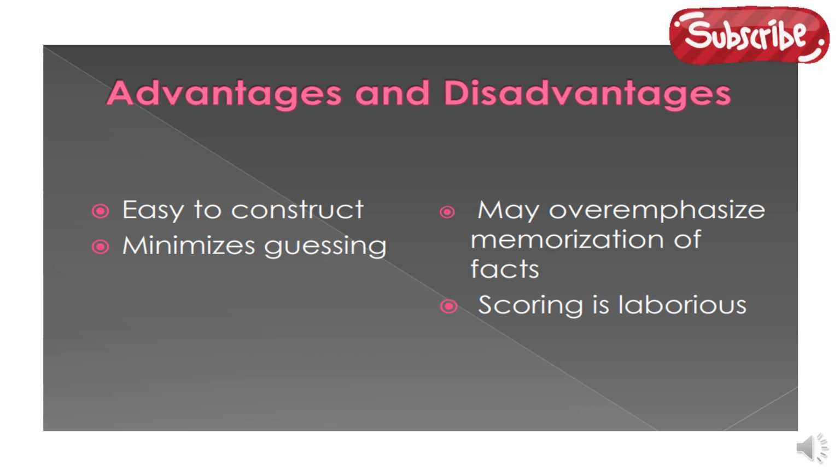The disadvantages are that it may overemphasize memorization of facts and scoring is laborious. If a person finds it difficult to memorize facts, it is a disadvantage for him or her in answering short questions.